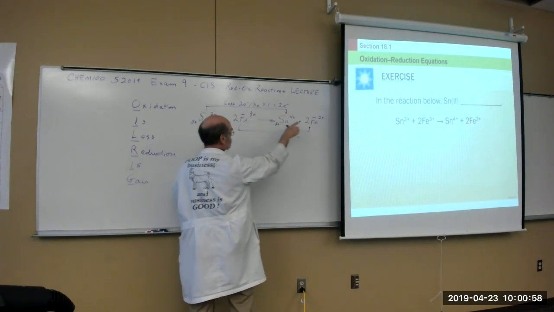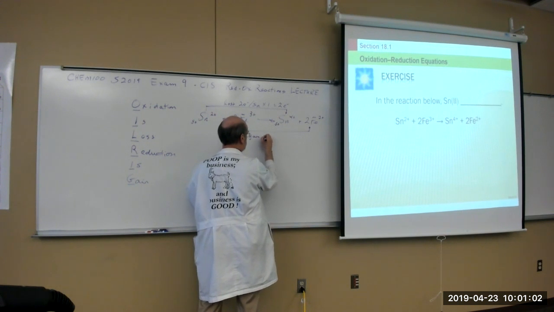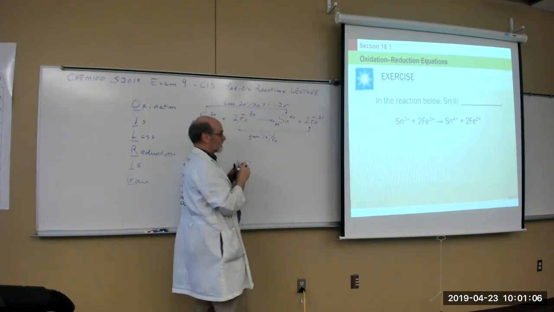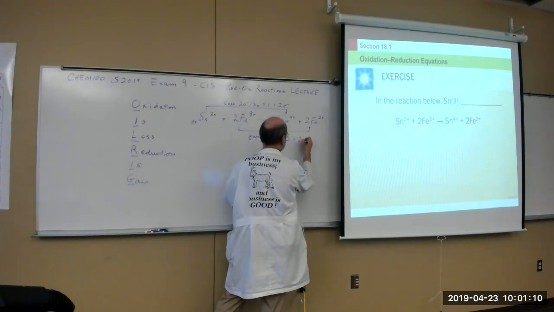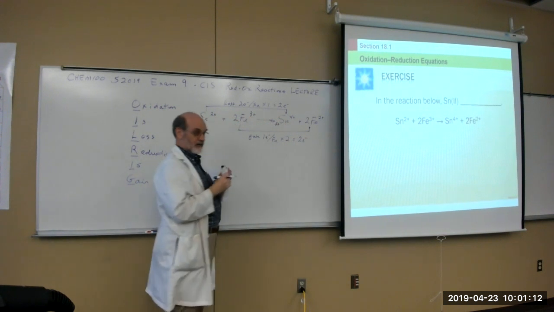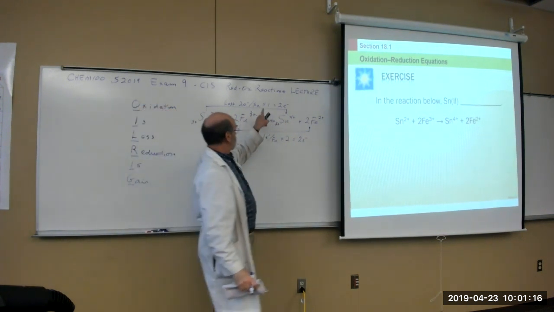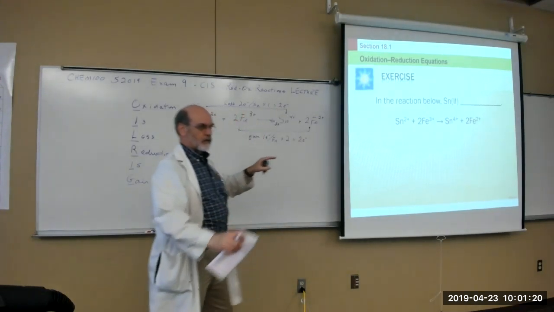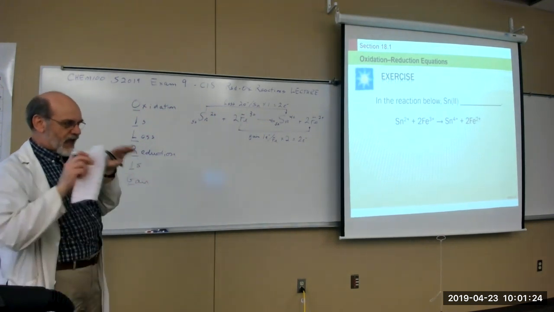And to go from 3 plus to 2 plus, we have to gain 1 electron per iron. Okay? But we have 2 irons. 2 electrons. Okay? And when the equation is balanced, this always has to equal that. Whenever you have an oxidation, you always have a reduction, and they have to balance.